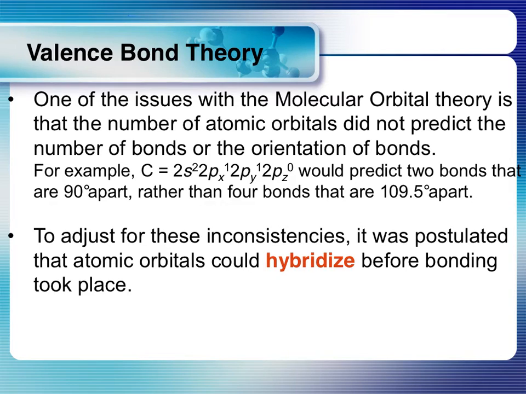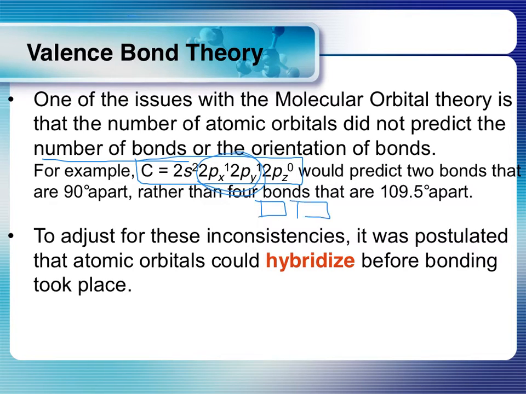Although there are quite a few benefits of molecular orbital theory, as you'll see later in this lecture, one thing it does not do well is predict the number of bonds all atoms will make. Carbon is a perfect example. If you look at the electron configuration of carbon, it has two unpaired electrons, two electrons in the p sublevel.